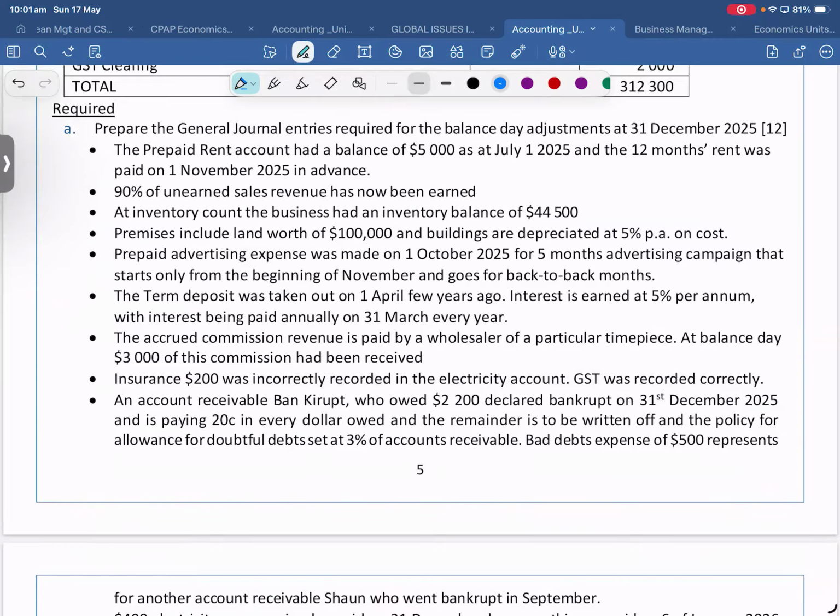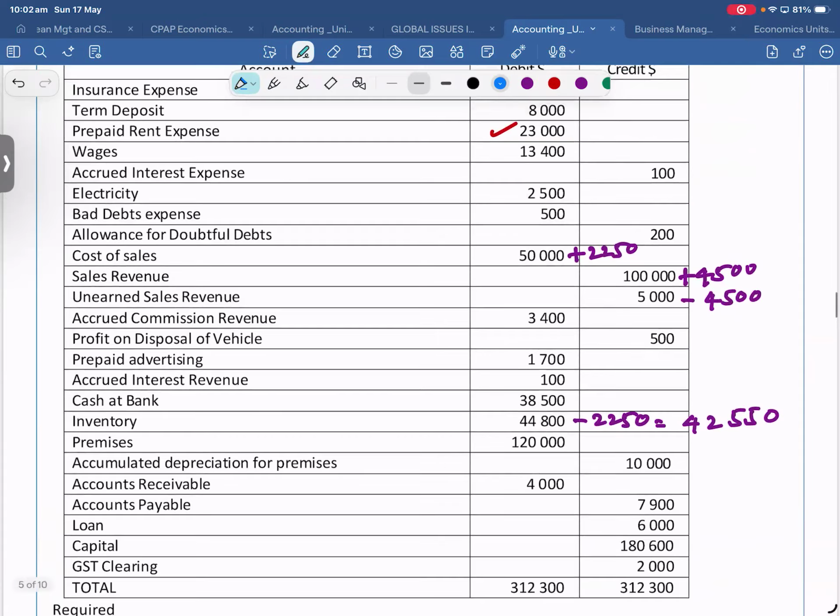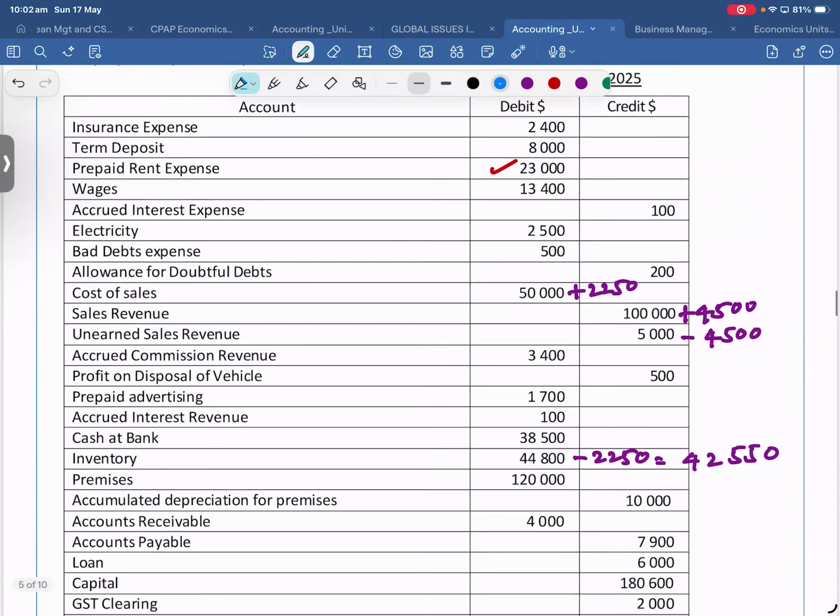Why did they give us land worth 100,000 and building depreciated 5%? So we'll go to the premises. How much? Premises is 120,000, guys. So from that, 100,000 is land. What is the use of giving it separately?